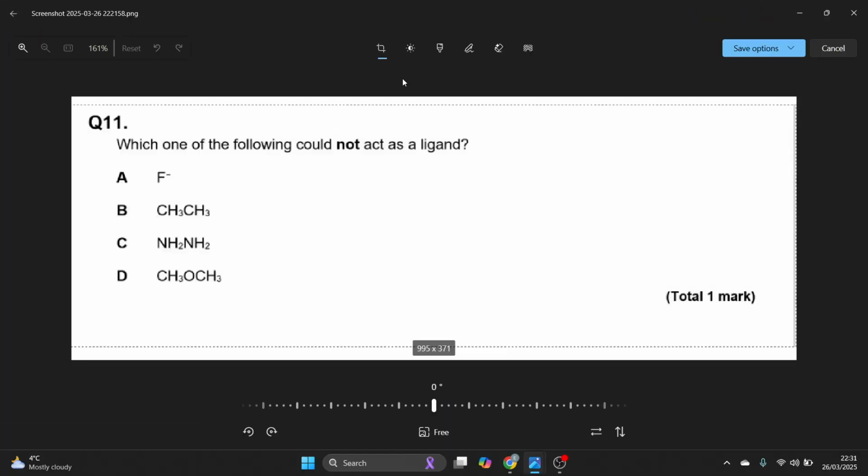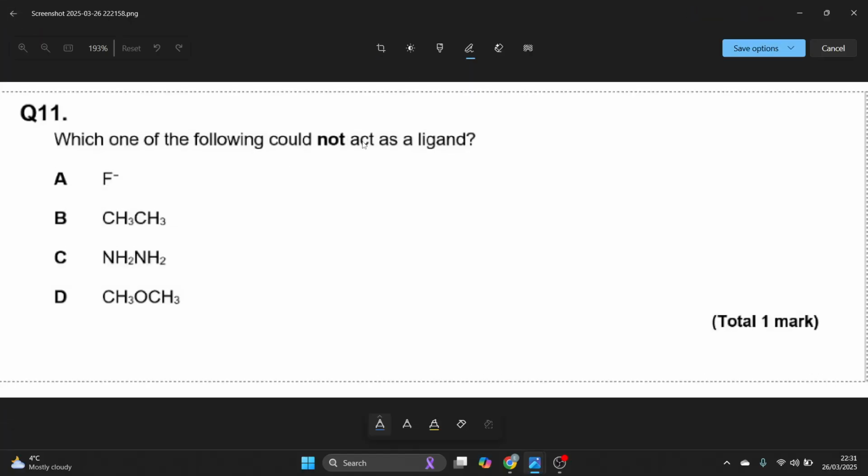Question 11, which one of the following could not act as a ligand? So again, your definition comes into use, memorizing definitions. F minus, CH3, CH3, NH2, NH2, CH3, O, CH3. This one, F minus, yeah, that definitely can.